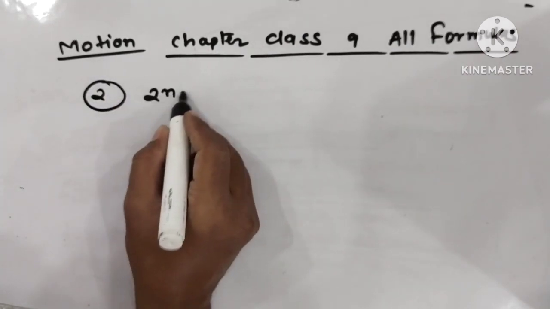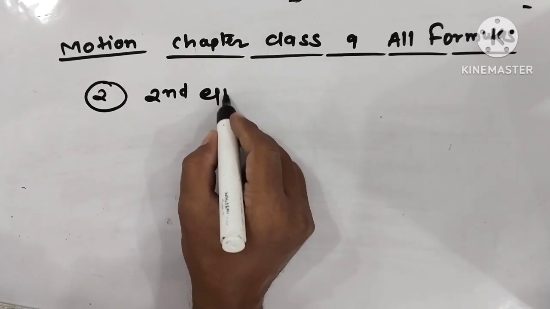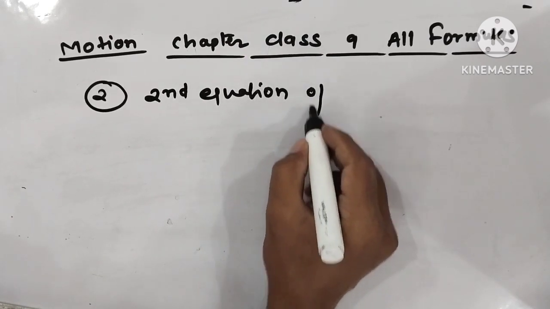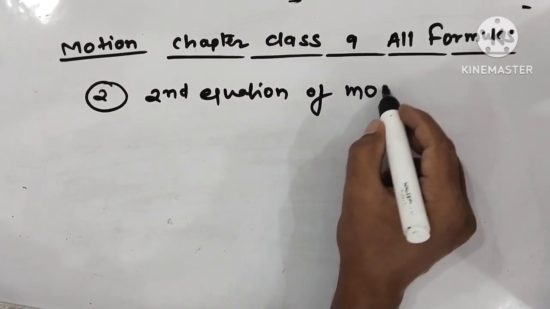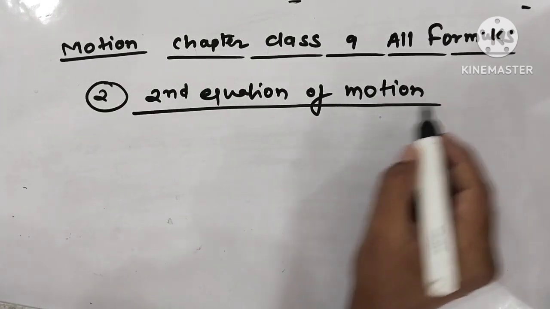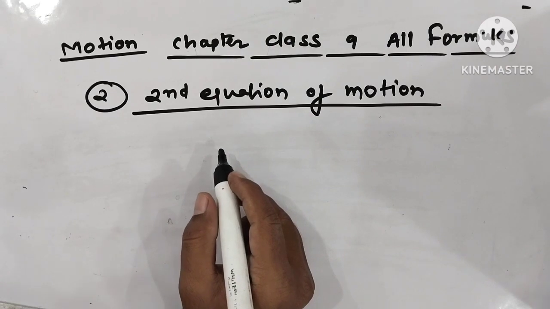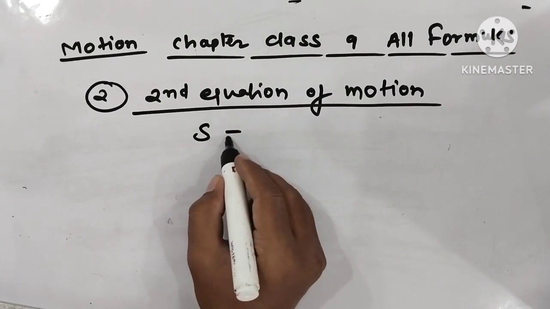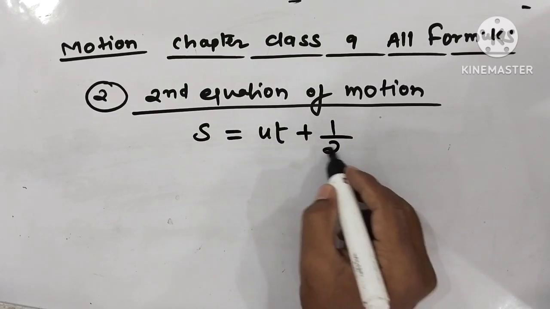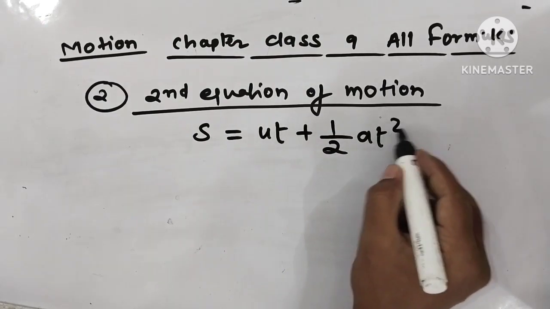Second equation of motion. S is equal to ut plus half at square.